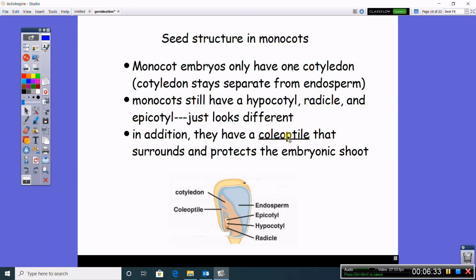It's going to look very much like a spear penetrating the soil, whereas in dicots, what we see penetrating the soil boundary is the hypocotyl hook, which looks kind of like an elbow. But in a monocot, it looks like a spear.